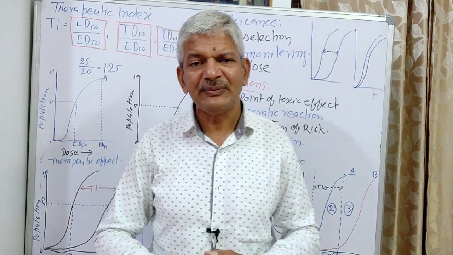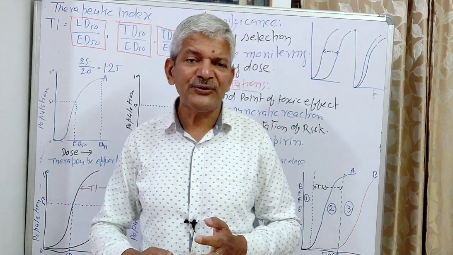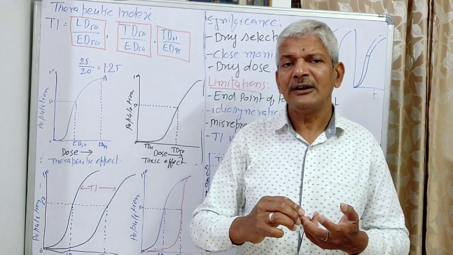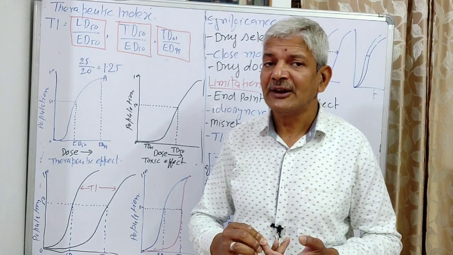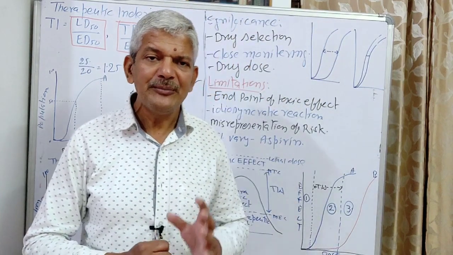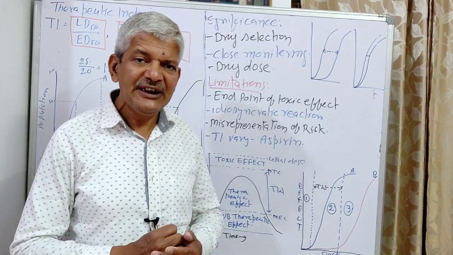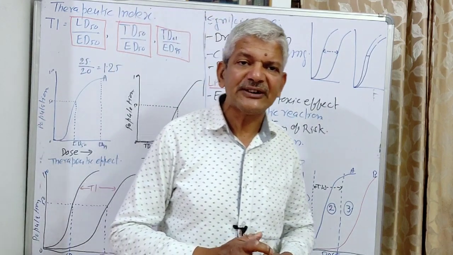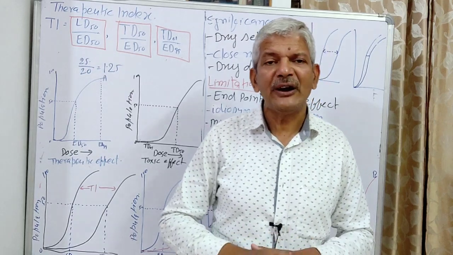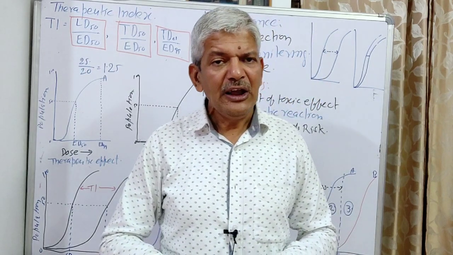Any substance stopping, interrupting or potentiating the physiological functions may produce a toxic effect or it may produce a beneficial effect. Means drugs have both toxic effect and beneficial effect. Now come to medicine.